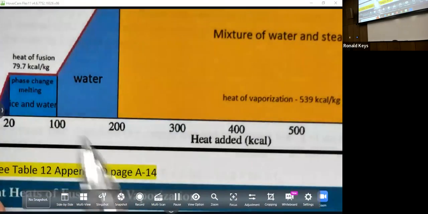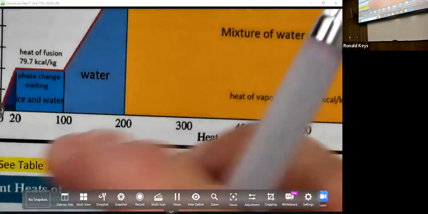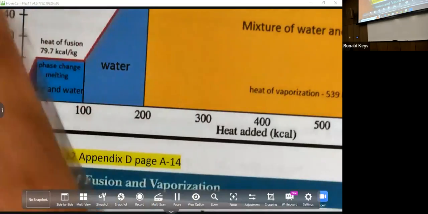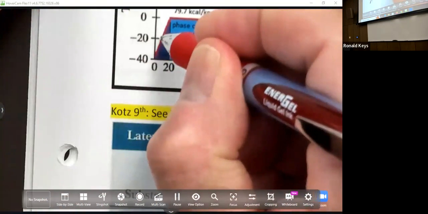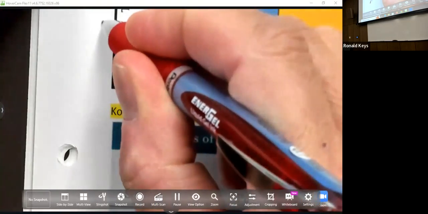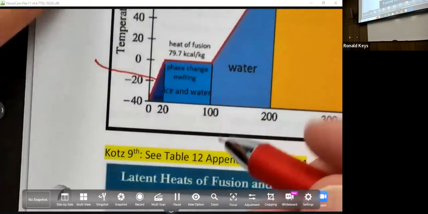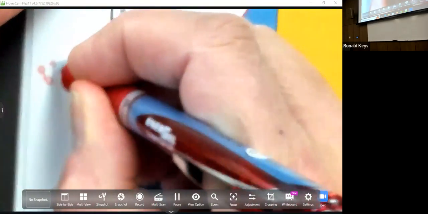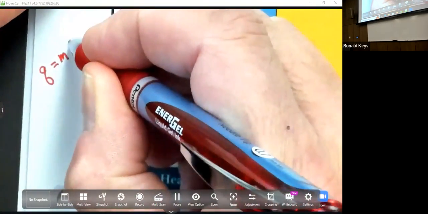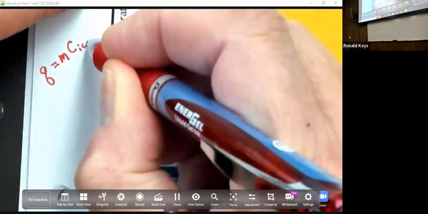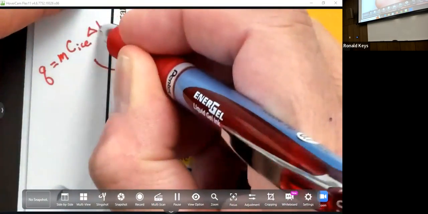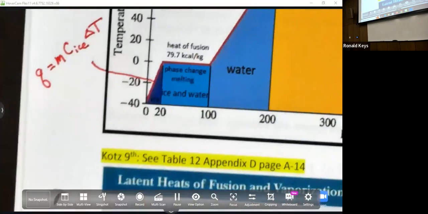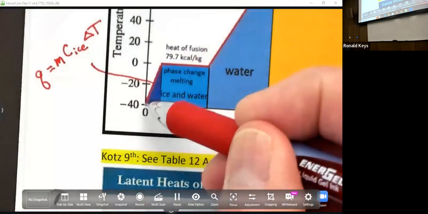Now, if we are going to add up the total energy, we're going to have this part right here. In order to calculate this energy, it's going to be Q is equal to M times the specific heat of ice and the change in temperature of the ice. That's just that calculation.